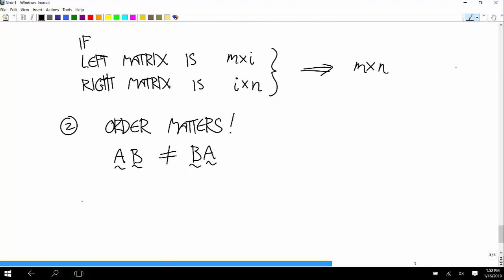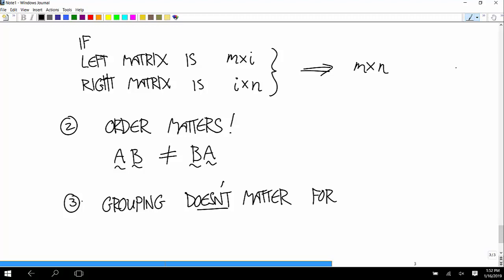And then the last thing is order matters, but grouping doesn't matter if you're multiplying more than 2 matrices. So grouping doesn't matter for greater than 2 matrices. So it is associative, right? Tell me if I'm wrong.